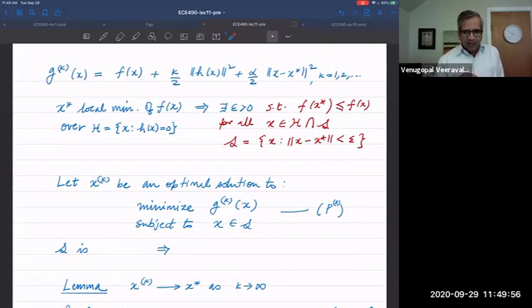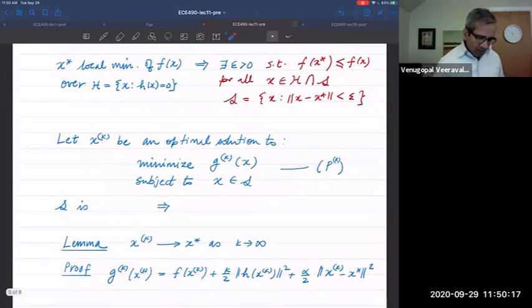And then we'll see why solving that constrained optimization problem is equivalent to solving an unconstrained problem in just a minute. So first, let's look at this problem. Let's call this P_k. P_k is a problem where we're trying to minimize g_k subject to x belonging to S.